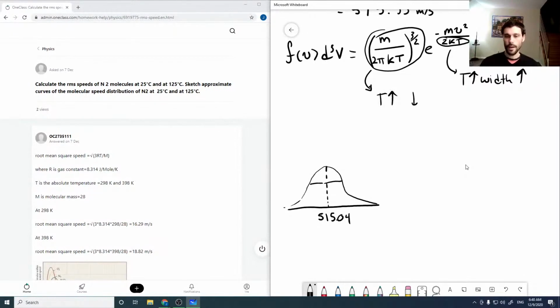And then at a higher temperature, these guys are probably going to be sandwiched between each other. At a higher temperature, we're going to have a peak at a higher spot and be a little wider.